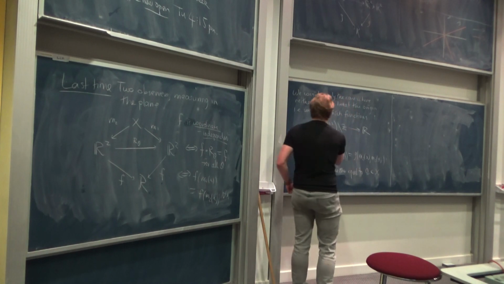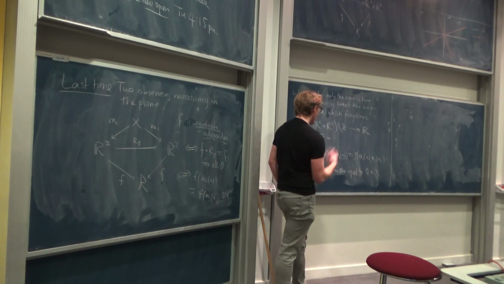Where Z is just the set of points where either of them is 0.